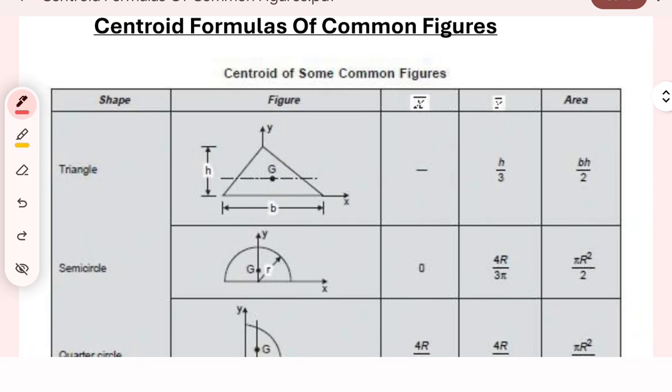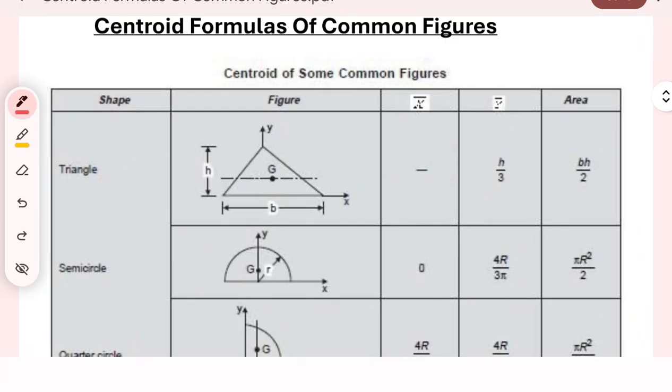Because in engineering mechanics, in some of the problems, it will involve the computation of centroids. So when you have centroidal areas, we need to know the location of the centroid of the common shapes, and there are also problems in moment diagrams where you need to compute the centroids of these shapes.